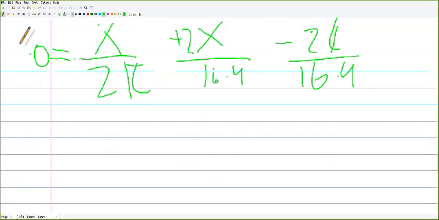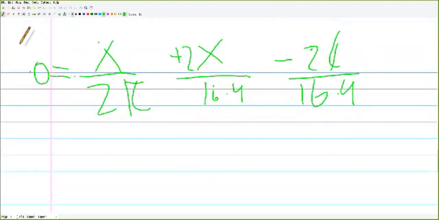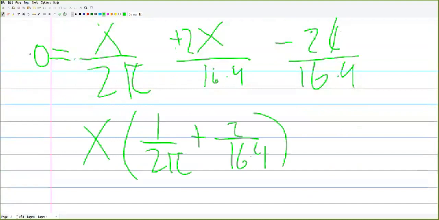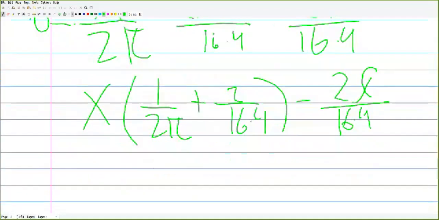So what we're going to do is put the x in evidence. X times 1 over 2 pi plus 2 over 16 times 4, okay, that's equal to 0.